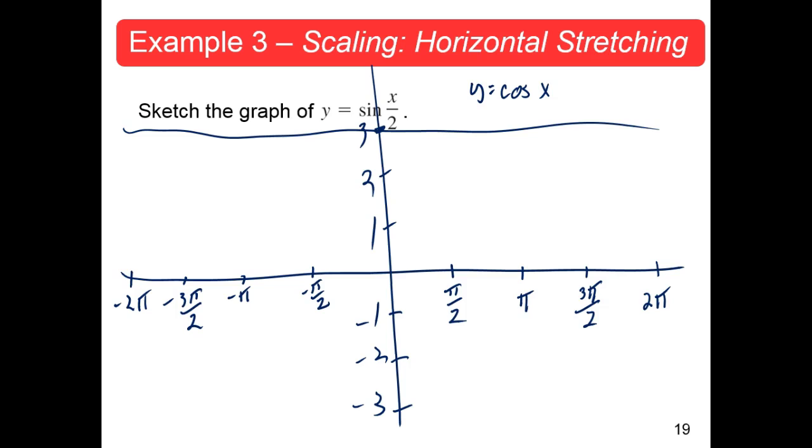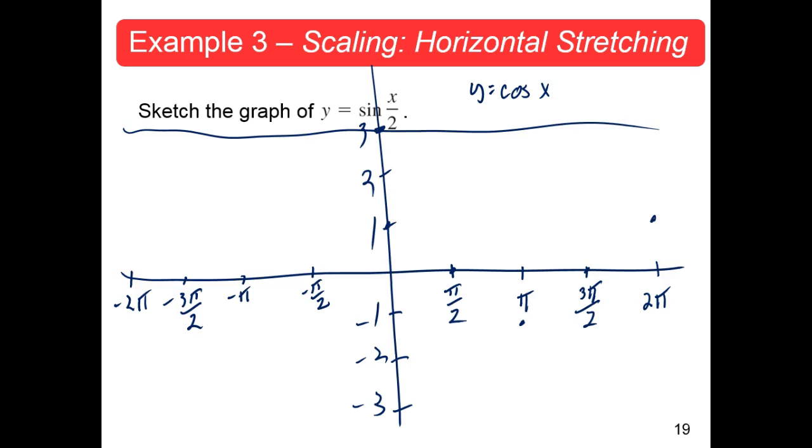So let's first do y is equal to cosine x. Tell me where that would begin. 0, 1. And then where does it go from there? Down to 0, down to minus 1, back up to 0, and back up to 1.